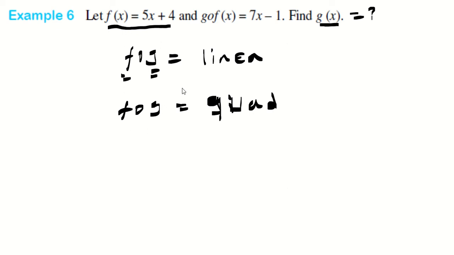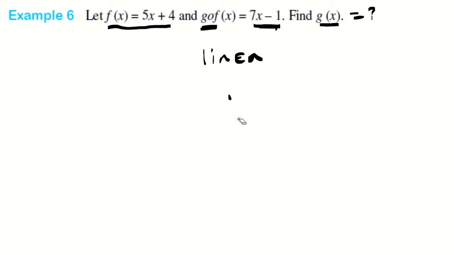When you compose two functions, if the result is quadratic, it means either of the two has to be quadratic. Here, two functions are composed, and the result is linear, as you see. This is a linear function, the composed one. This is something new that I'm telling you. Two functions after composition, if the result is linear, necessarily both are linear.